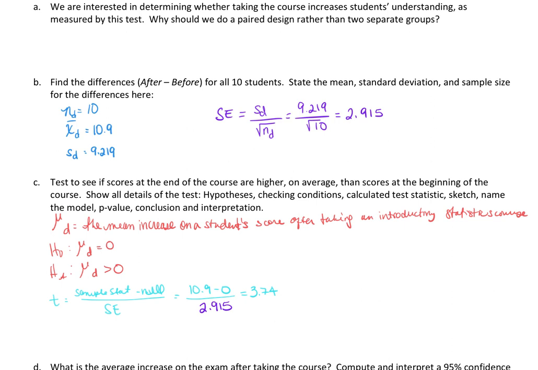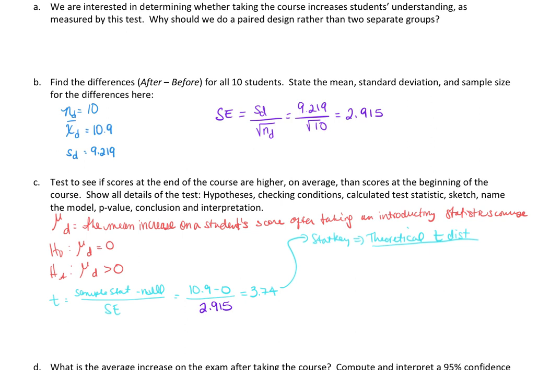So if we were to go back to StatKey and do a right tail test, so from here, we're going to go to StatKey, and we're going to go to a theoretical t distribution, because this is a matched pair mean.